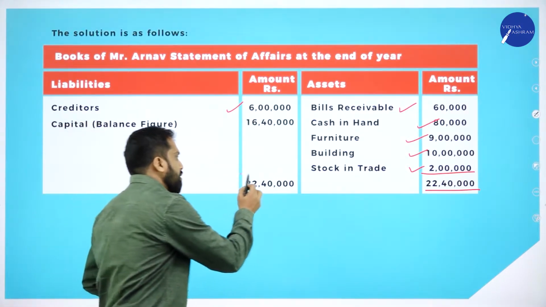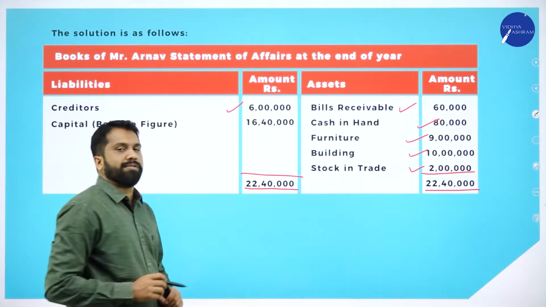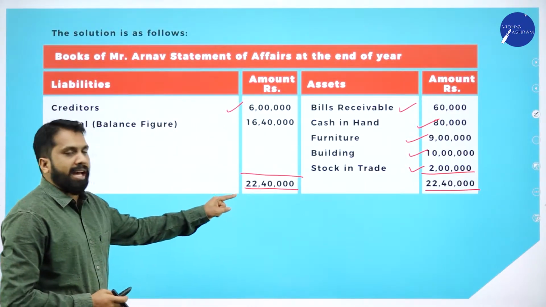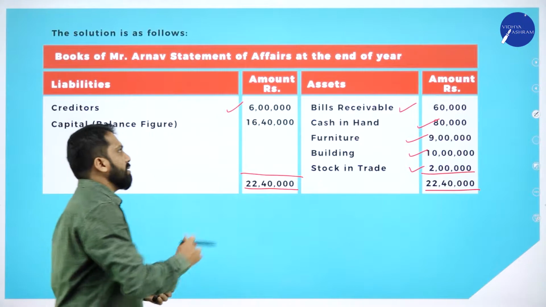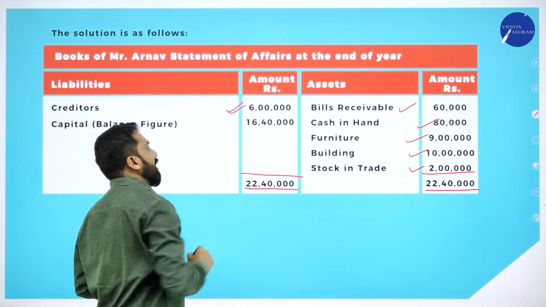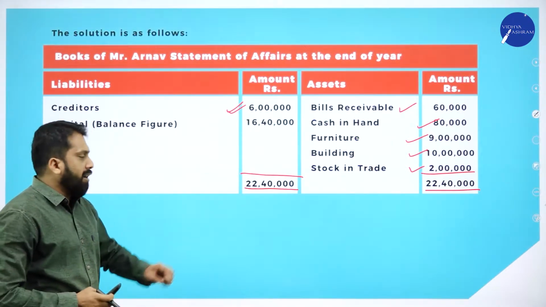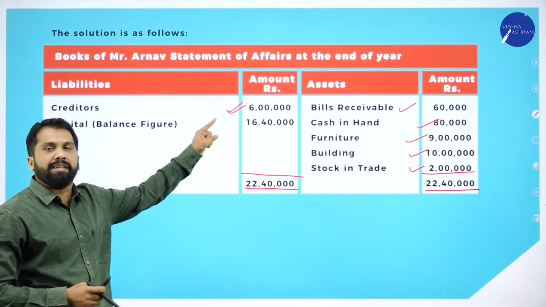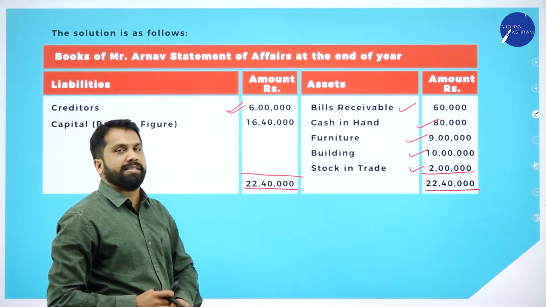Now, from 22,40,000 you have to minus 6 lakh. From 22,40,000, if you minus 6 lakh, what is your balance?